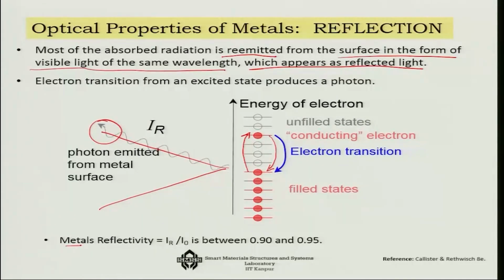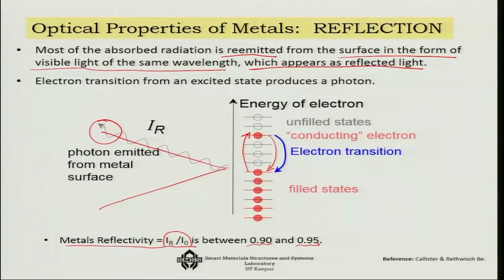The reflectivity of metal can be measured in terms of the ratio of the incident energy and the reflected energy, IR. So, the IR over IO ratio is generally between 0.9 to 0.95.